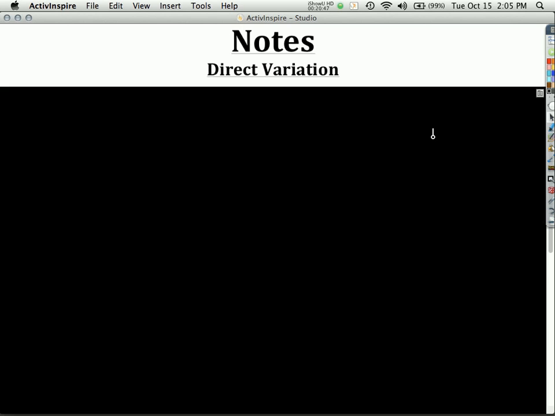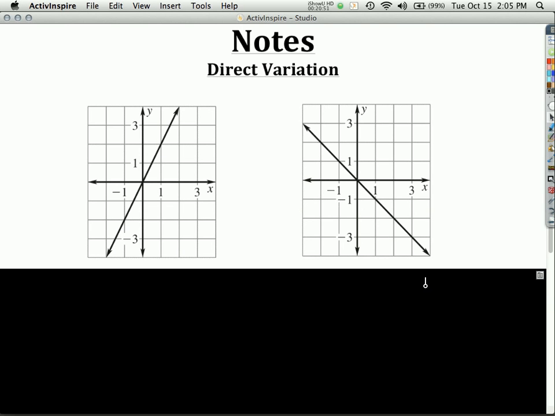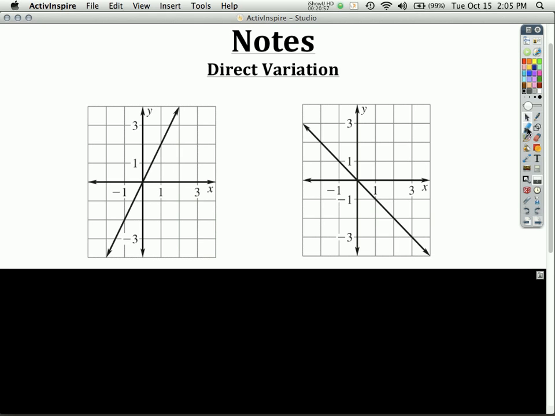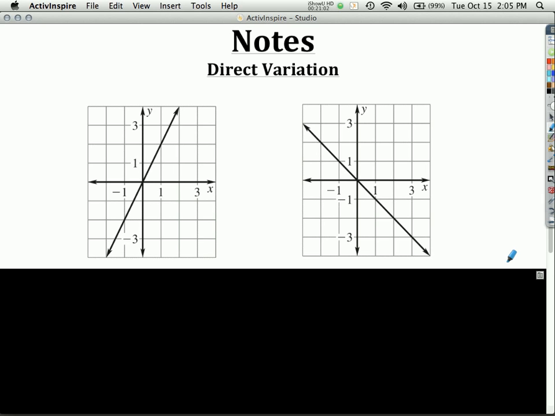So first of all, what does a direct variation look like when it's graphed? Here are two examples. The graphs have one major detail in common. So I'd like you to take a moment to look at the two graphs, compare them with each other. What major detail do they have in common?